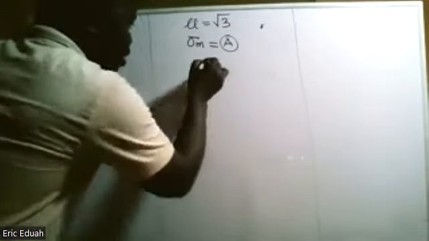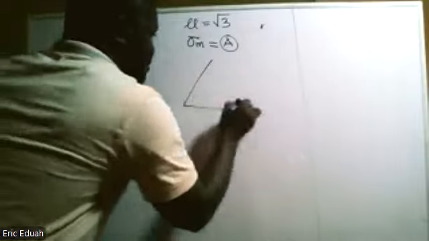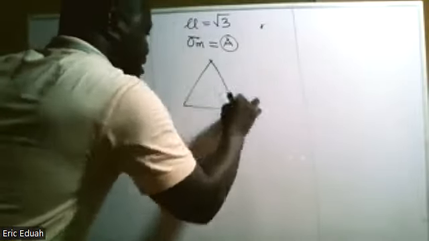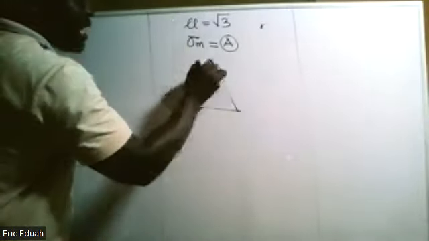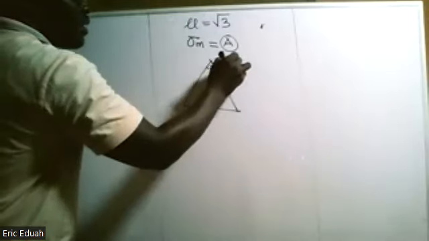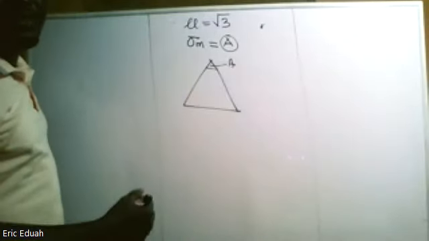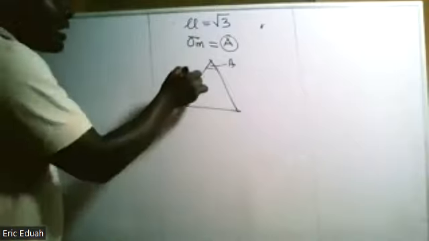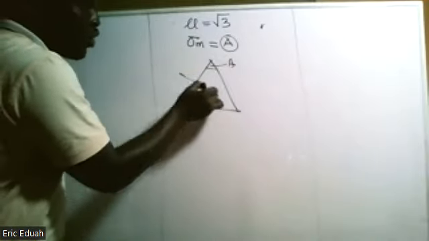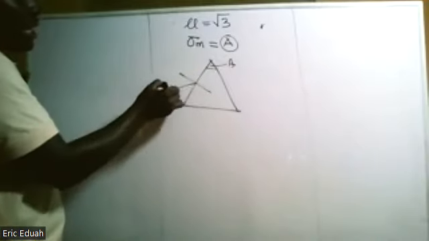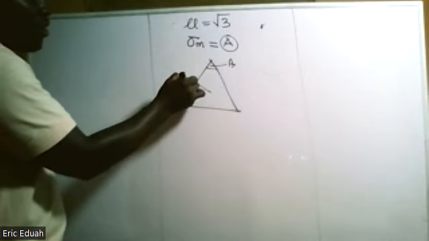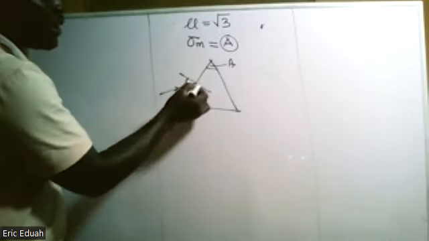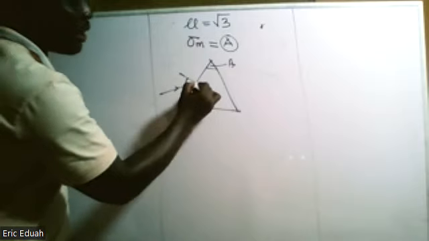If I draw a triangular prism, this is the angle of the prism, A, or the refracting angle. Then if I draw a normal, this is the incident ray. This is the angle of incidence. This ray would deviate towards the normal.